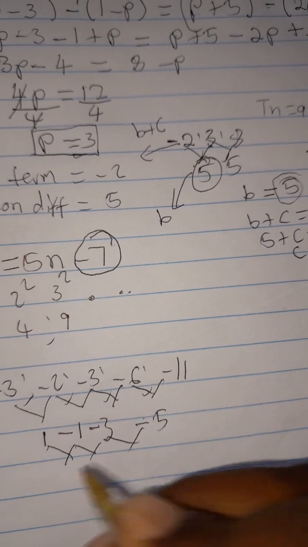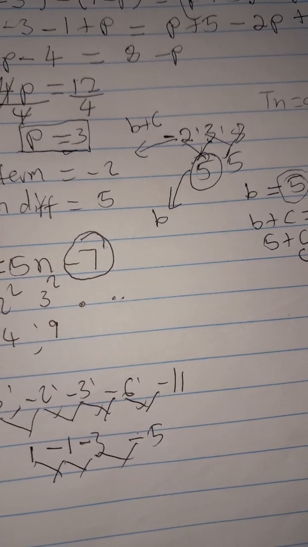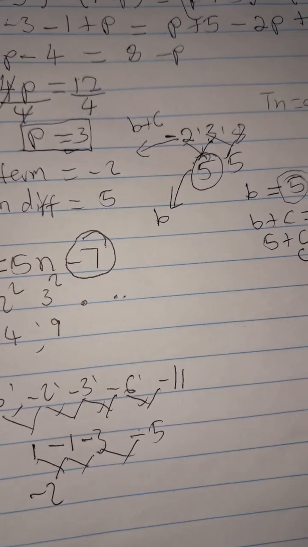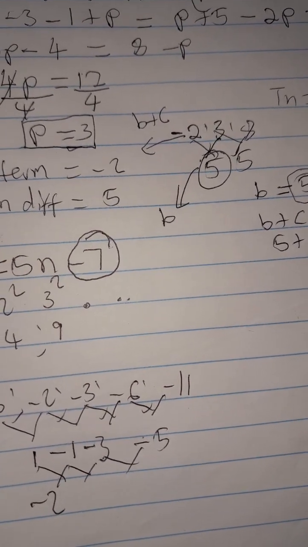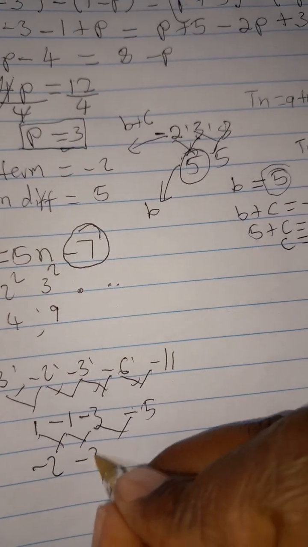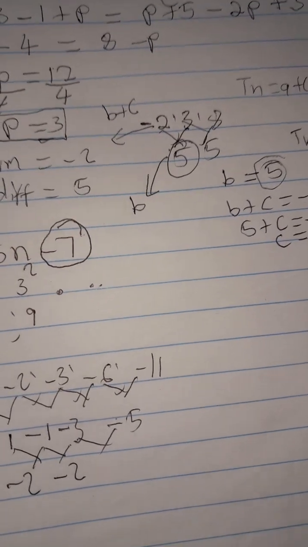So as well, what is the difference between negative 1 and 1? That's negative 2. Negative 3 minus negative 1 is negative 2. The difference between negative 5 and negative 3 is negative 2.